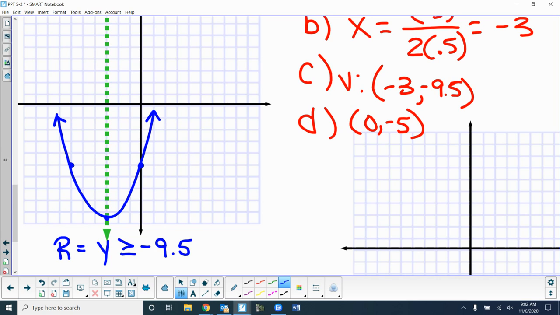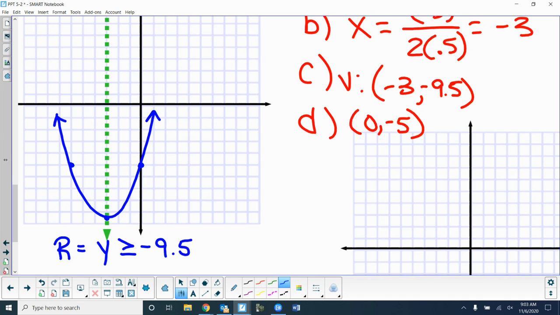Does that make sense? So the range will be from this bottom point, this vertex, up, or if it opens down, it'd be from that point down, so this would just change to less than or equal.